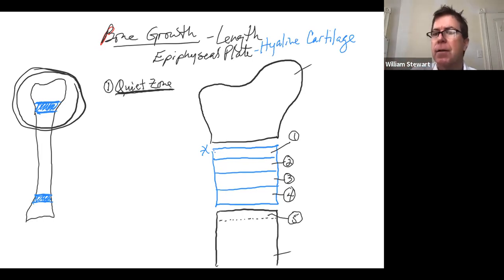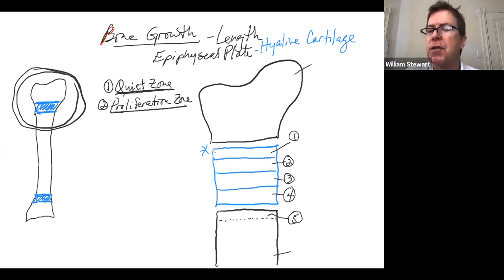The second zone, number 2, is sort of the opposite. It's called the proliferation zone. This is where we have a lot of new cartilage growth. So we have a high chondroblast activity in the proliferation zone.